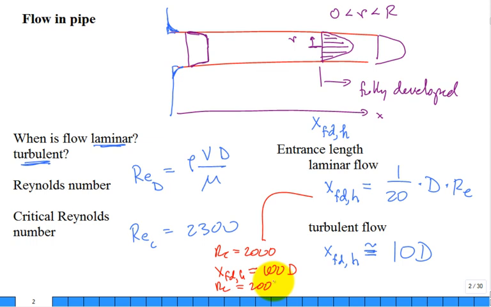How many pipe diameters would you need if it was laminar flow? 10? Let's say it's 20. I know this is kind of ridiculous, but 20, 200, 2,000. You can see that there's a whole range of distances in pipe diameters for laminar flow. That's why this one's so easy when it's turbulent, just 10D. All right.